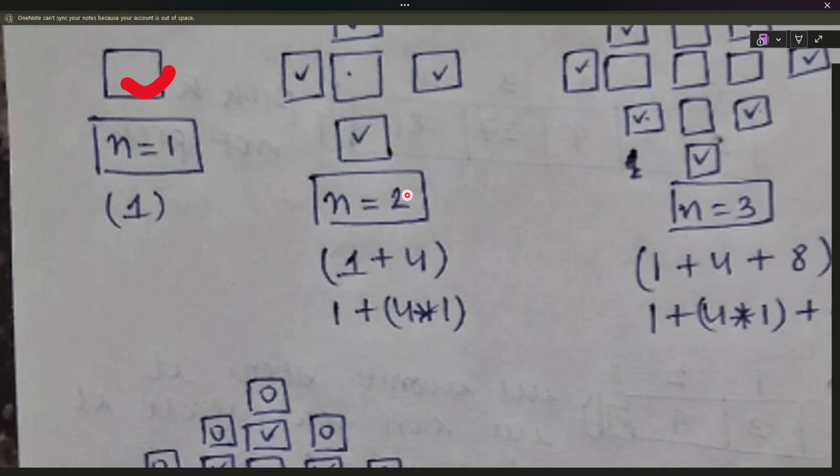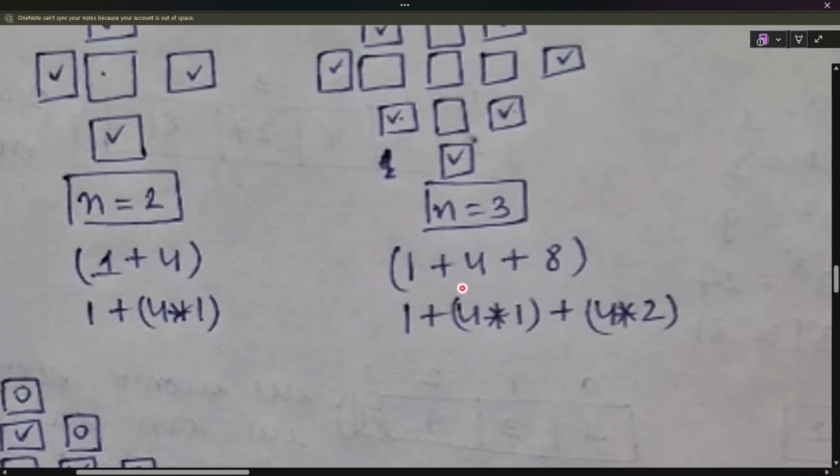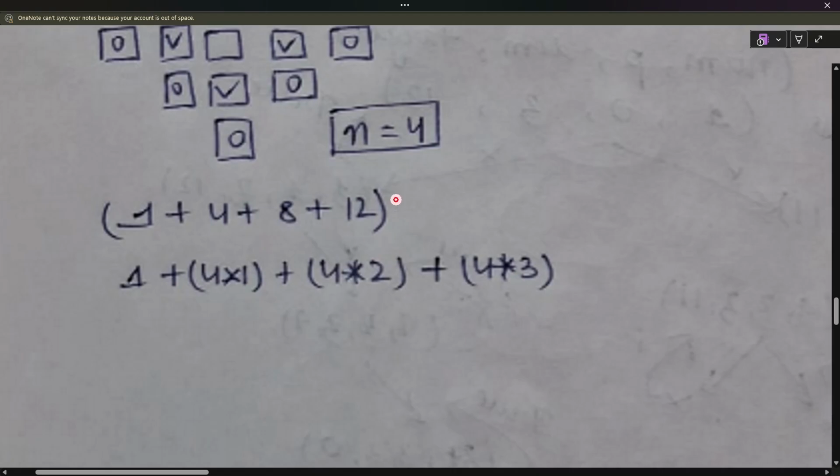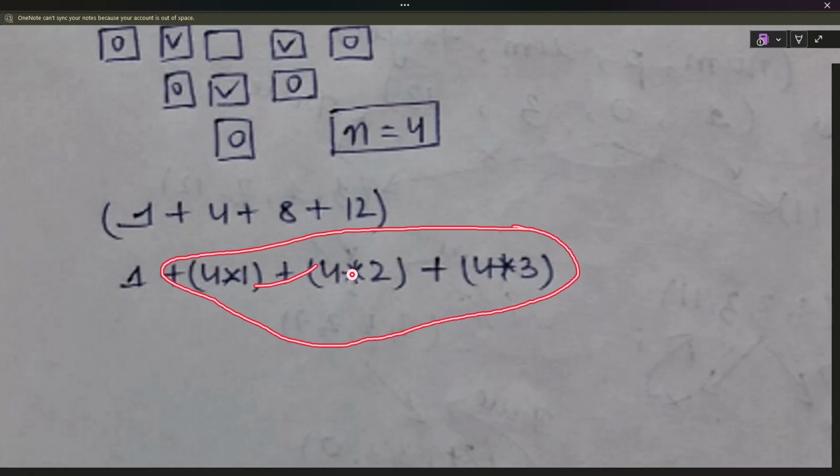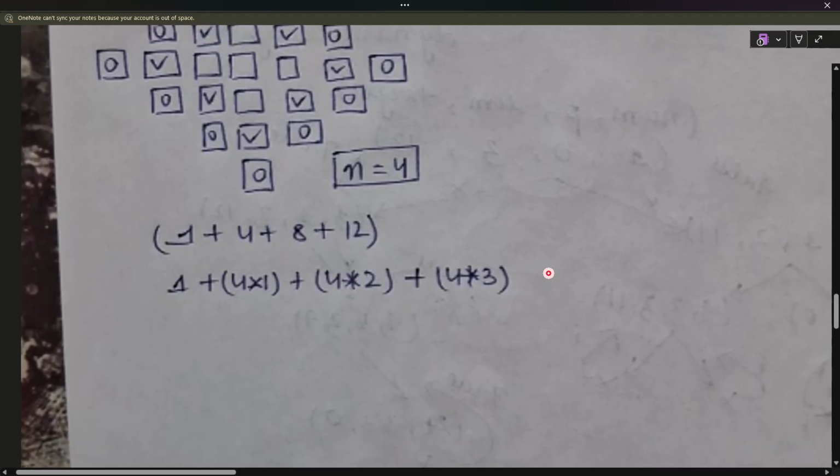For example, for n equal to 3, n minus 1 is 2, so we go for 4 into 1 plus 4 into 2, plus the 1. Below, for n equal to 4, we go for 4 into 1, 4 into 2, and 4 into 3. So that's our solution.